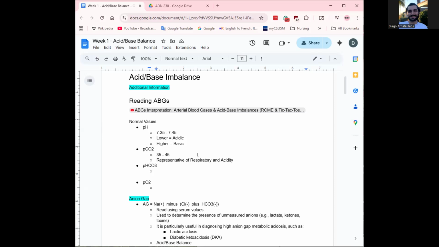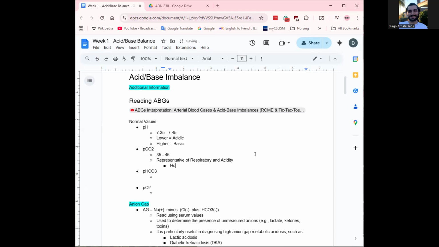Your CO2 is also an acidic substance, so a higher CO2 equals more acidic. Whenever your CO2 is high, that's considered acidic. Whenever your CO2 is low, under 35, it's considered basic in terms of doing the comparison between the pH and your other values.